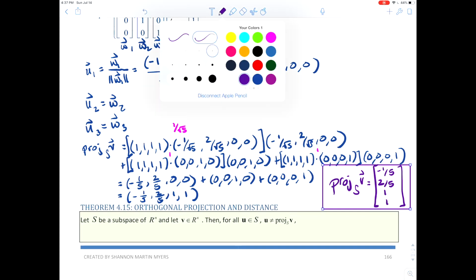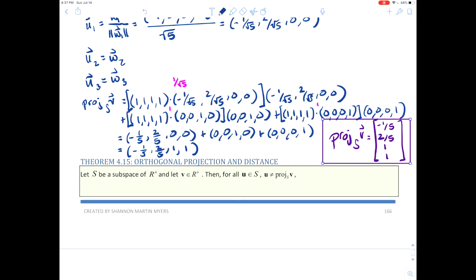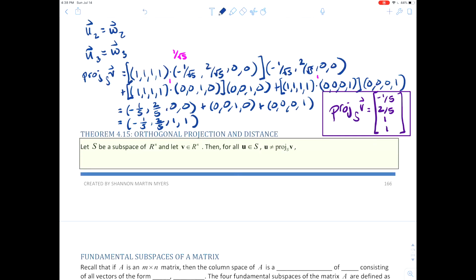All right. So next up, orthogonal projection and distance. Let S be a subspace of Rn and let the vector V belong to Rn.